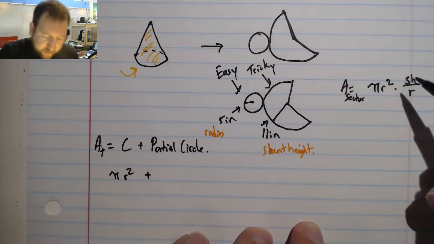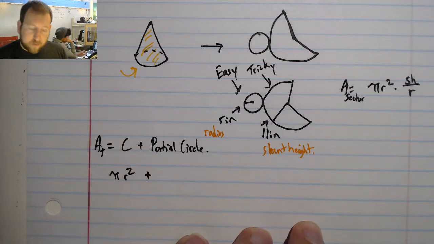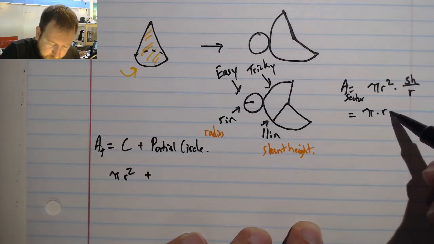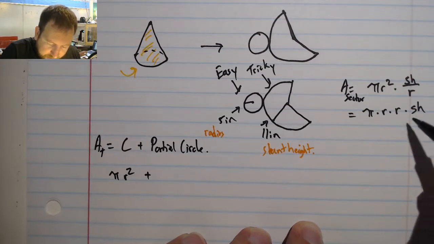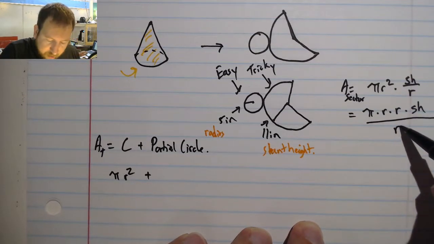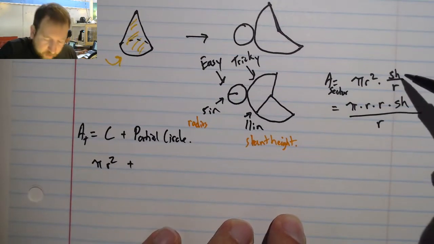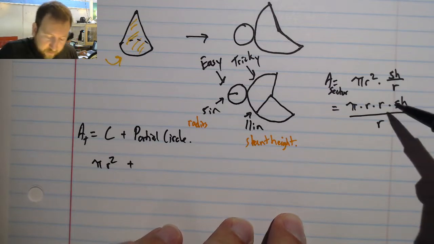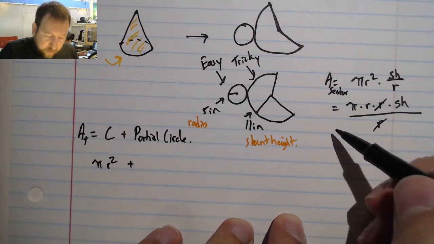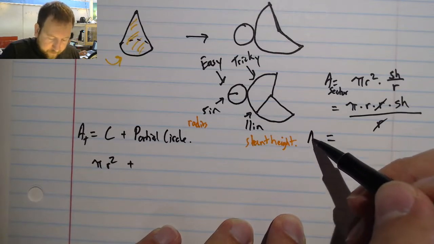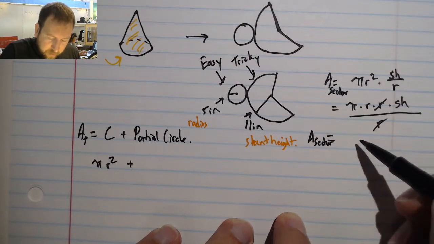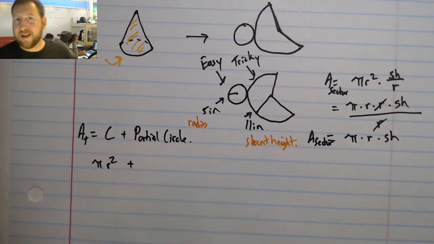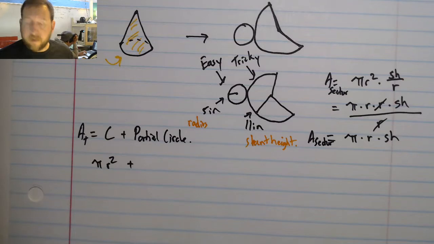Now, what's interesting here is that I can simplify this formula, because I can write it like this: pi times r times slant height over r, because that's really what this is saying when I multiply by a fraction. And notice I can just cancel out my r's here, so the area of my sector is going to be pi times r times slant height, which is pretty weird that it works out that way, but it does.